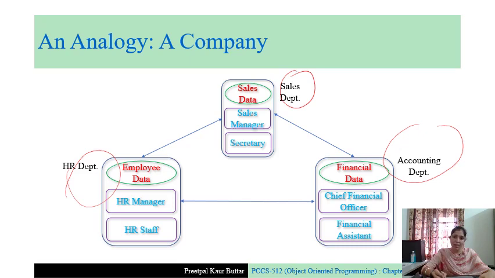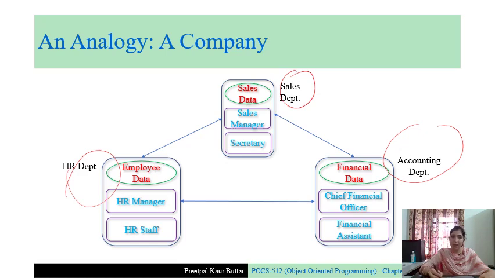It cannot access this data directly. It has to ask the sales manager or sales secretary. So the HR manager will send a message to the sales manager: kindly provide me the sales data of Mr. XYZ. Then the sales manager will retrieve the required data and send it back to the HR manager.